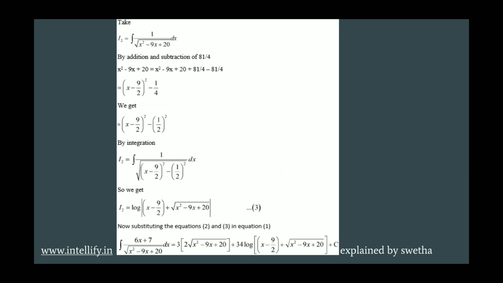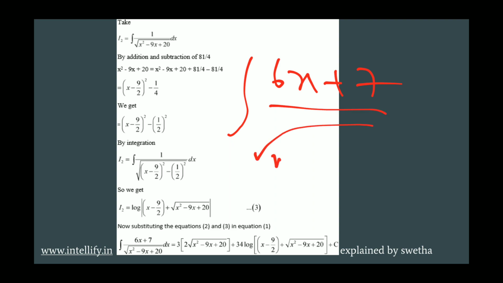So the final answer, including the first and second parts, the integral of 6x plus 7 divided by root over x square minus 9x plus 20 into dx, equals 3 into 2 root over x square minus 9x plus 20 plus 34 into log mod (x minus 9 by 2 plus root over x square minus 9x plus 20) plus c.